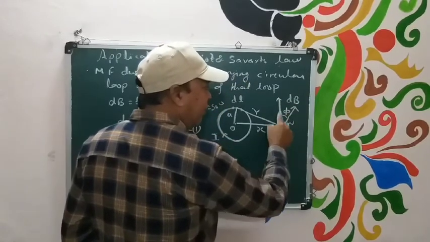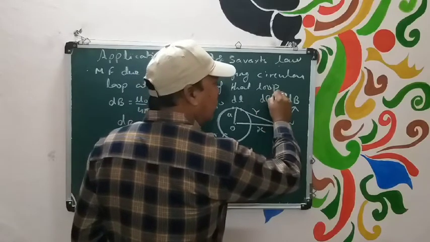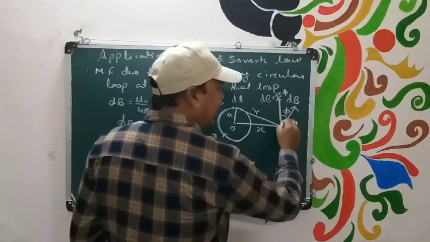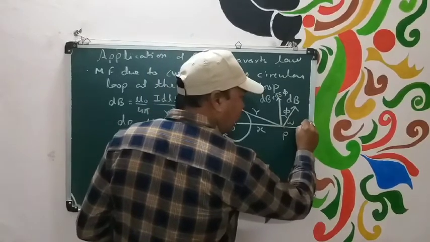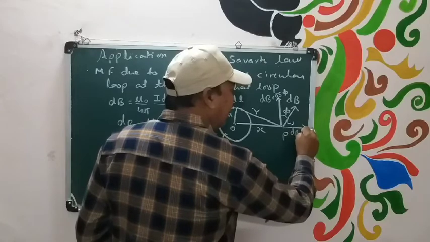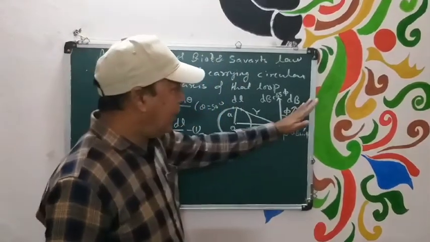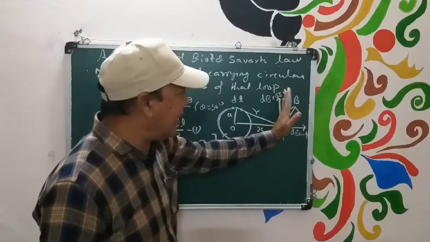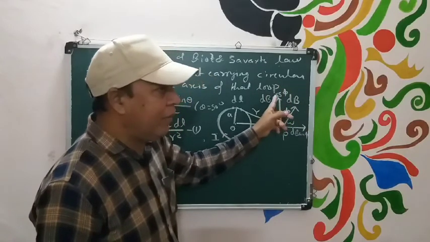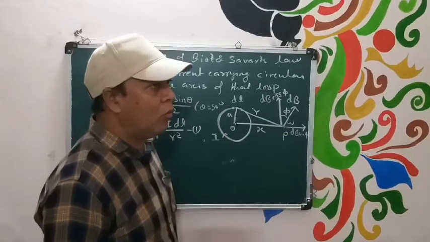So in perpendicular direction, component of dB should be equal to dB cos phi. That means in the direction of the axis, its component should be equal to dB sin phi. Clear हुआ? dB का component in the perpendicular direction should be given by dB cos phi, and in the direction of the axis, it should be equal to dB sin phi.